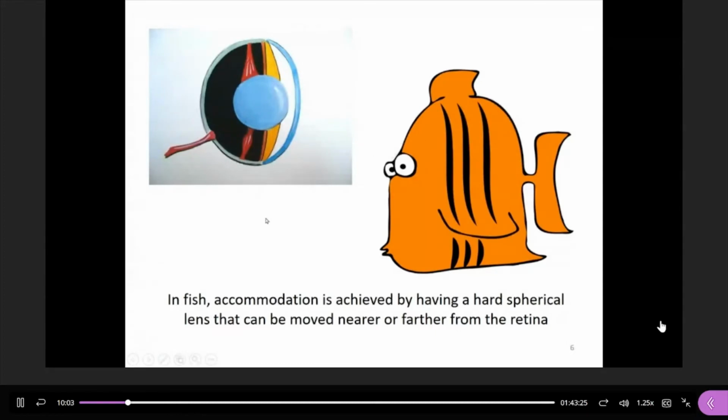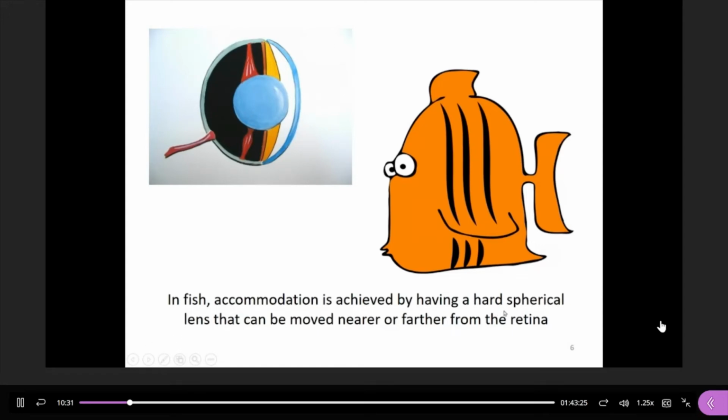In humans, accommodation is achieved by having a more spherical lens, so the lens thickness increases and therefore increases the total power. But in fish, accommodation is usually achieved with a very hard, spherical lens.